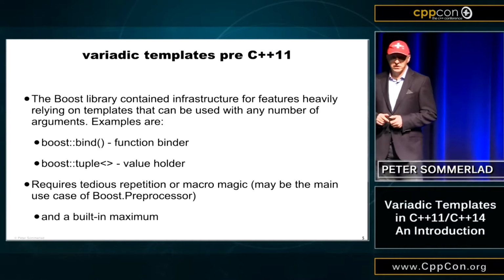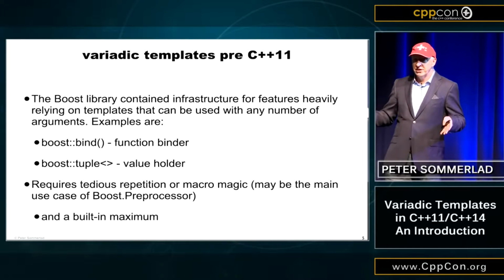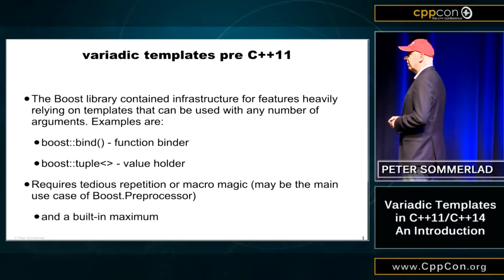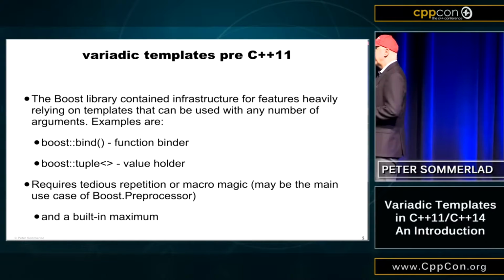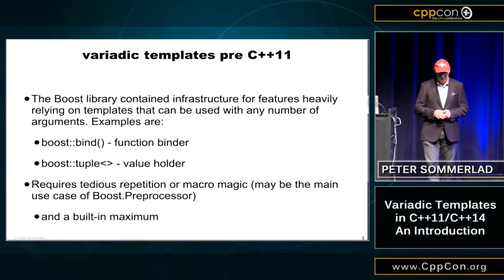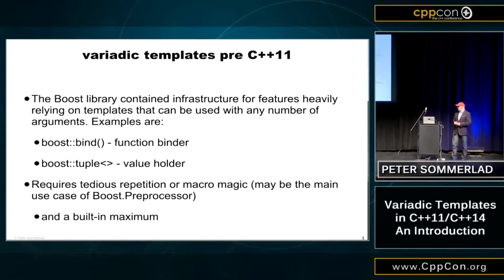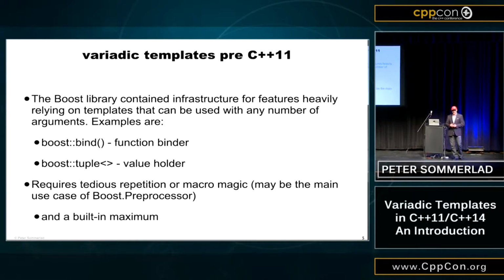We have even Boost tuple, where we can have arbitrary values of arbitrary types combined together in a single value. But to actually get that done requires a lot of repetitive code or using interesting macro features like the Boost preprocessor library provides. And you always have a built-in maximum.